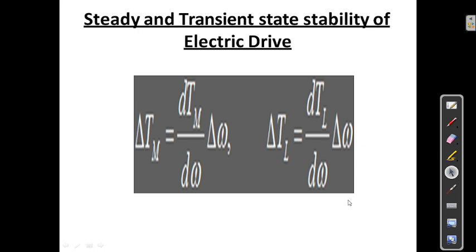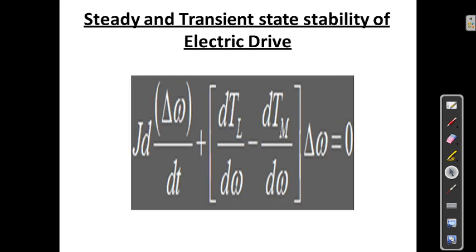Now delta Tm equals dTm by d omega into delta omega, and delta TL equals dTL by d omega into delta omega. Likewise, TL is the same as here. Then J d delta omega by dt plus (dTL by d omega minus dTm by d omega) delta omega equal to 0. The equation will become like this.